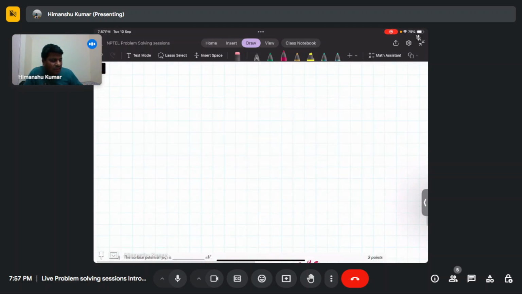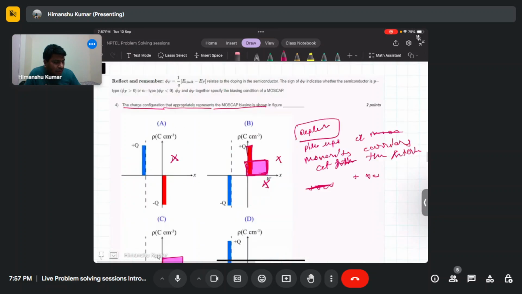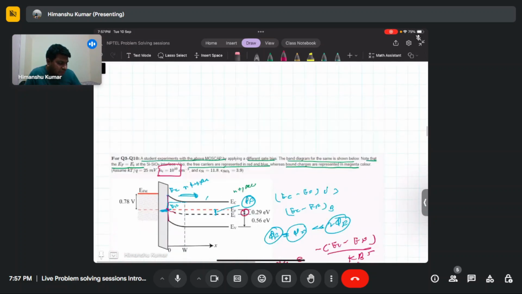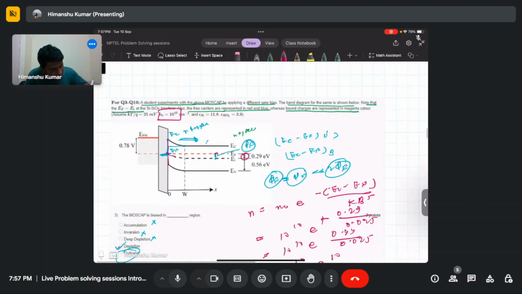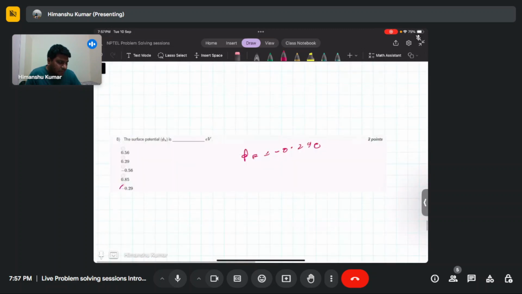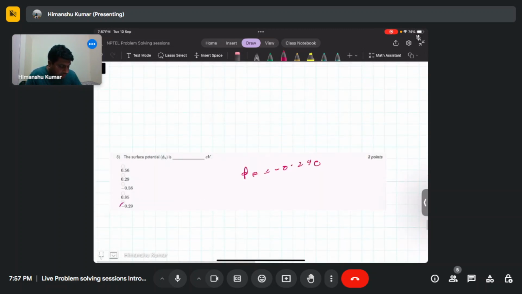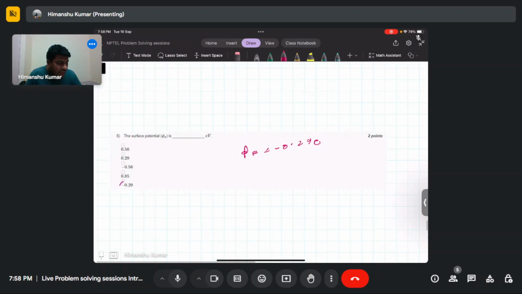So the surface potential in the bulk is this one. You can calculate this as 0.29, and you can represent it in the negative direction.